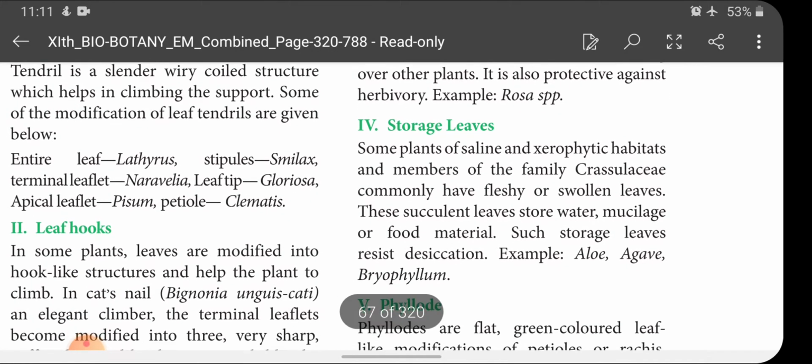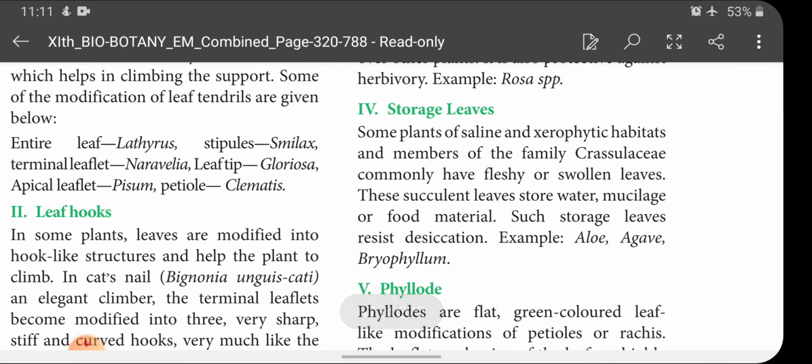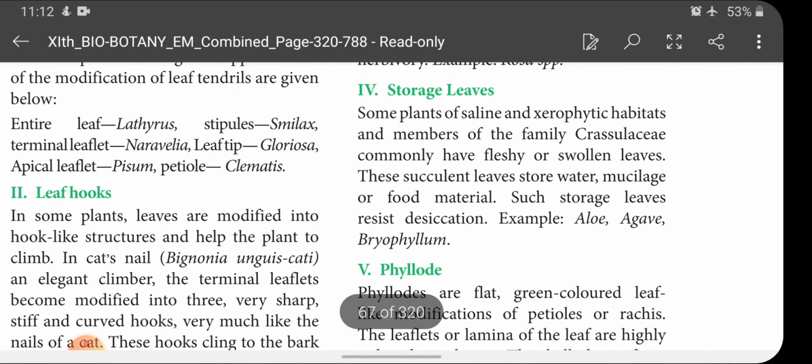Storage leaves. Some plants of saline and xerophytic habitats and members of the family Crassulaceae commonly have fleshy or swollen leaves. These succulent leaves store water, mucilage or food material. Such storage leaves resist desiccation. Examples: aloe, agave, Bryophyllum.